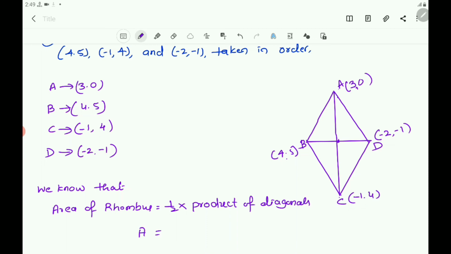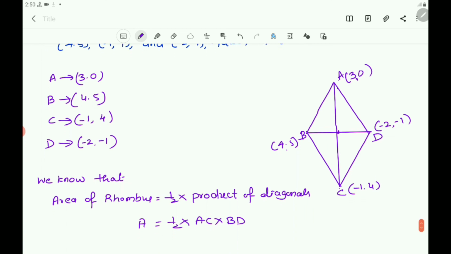That is A equals half into the length of the diagonal AC into the length of the diagonal BD. So you take AC into BD. Consider this as the first one.